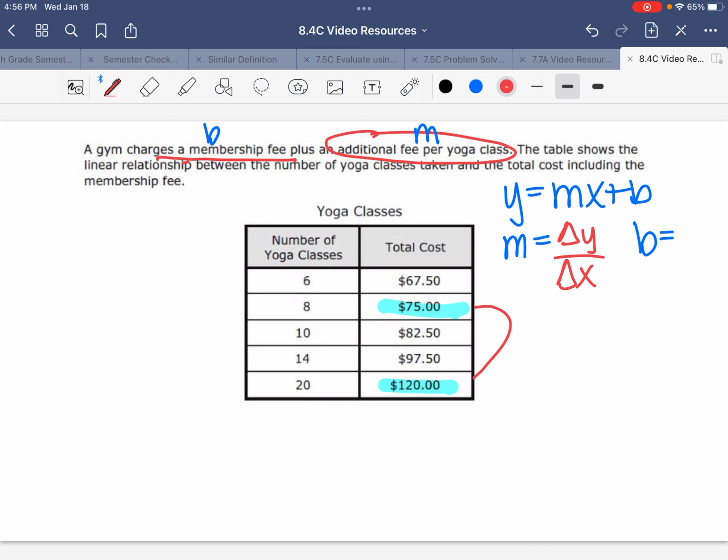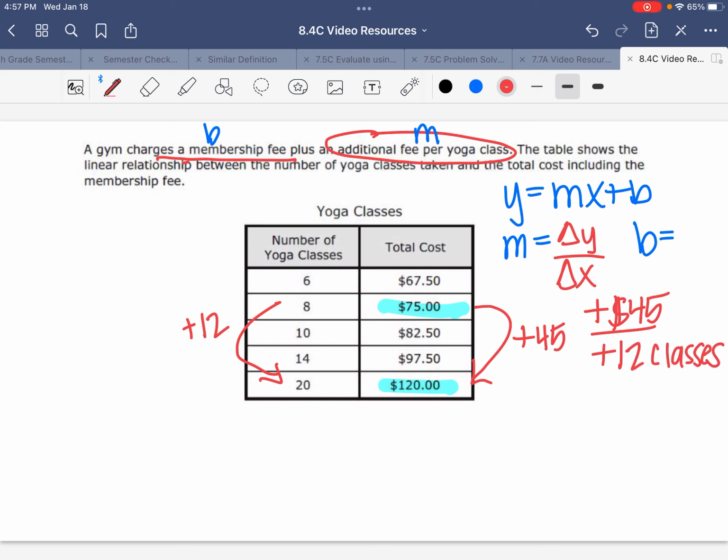So from 75 to 120, I have added $45. And as I added $45, I went from 8 classes to 20 classes, which means I added 12 classes. So that was an increase of $45 for an increase of 12 classes.